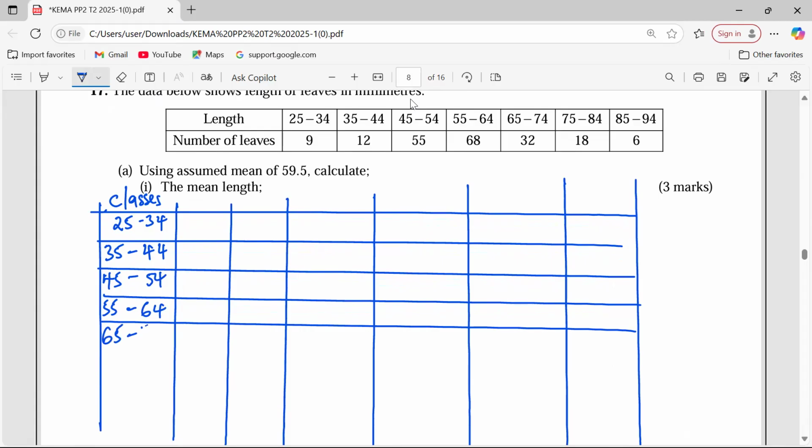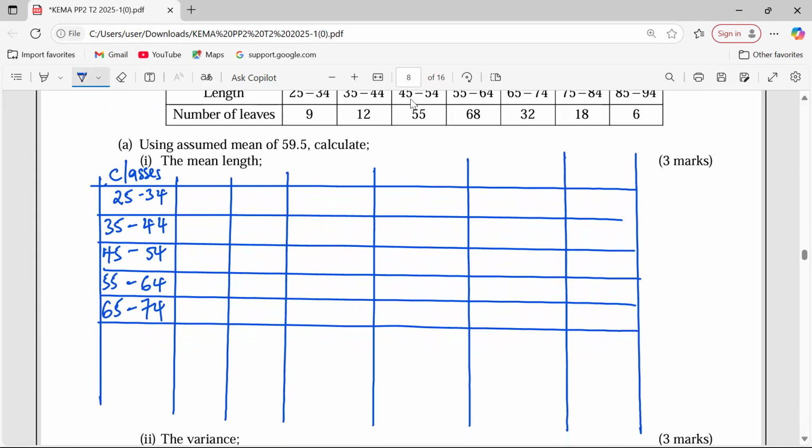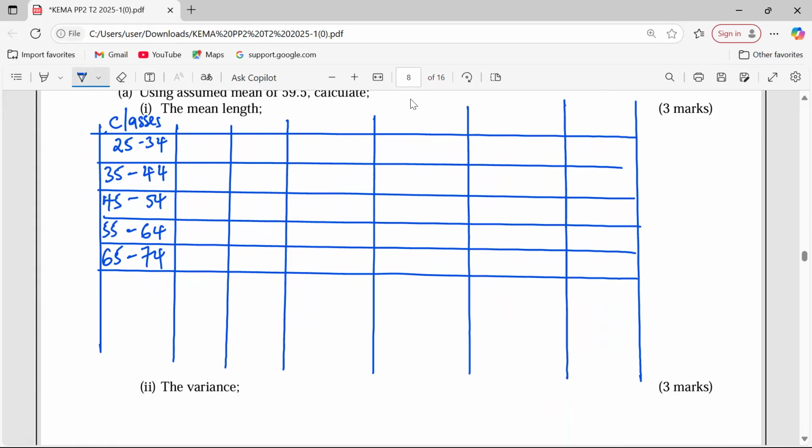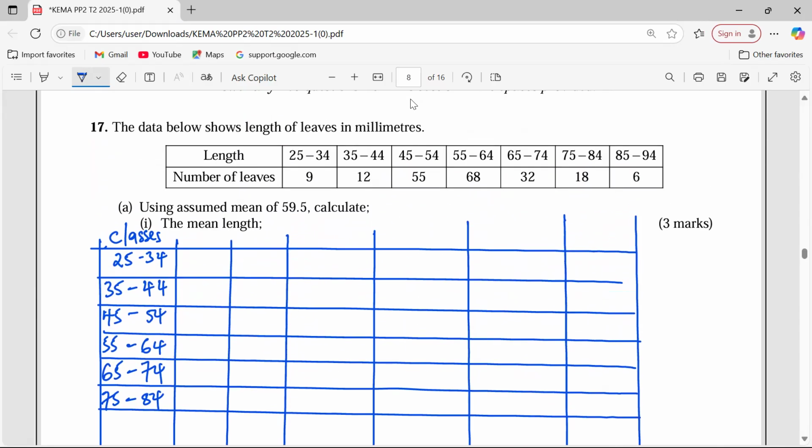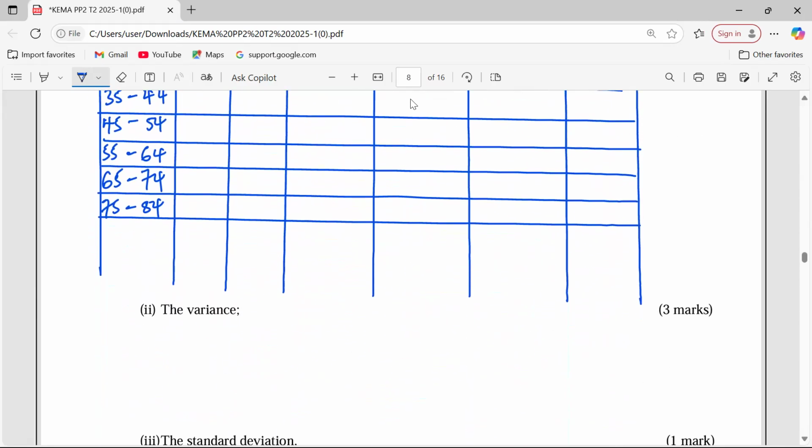65 to 74. Then we have 75 to 84. And finally, we shall talk about 85 to 94.